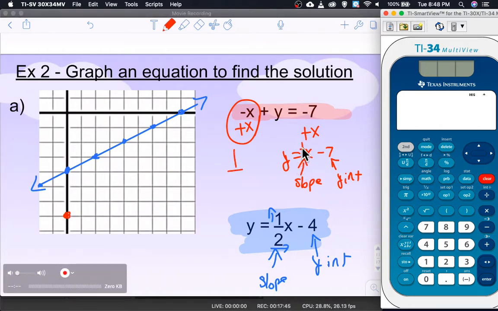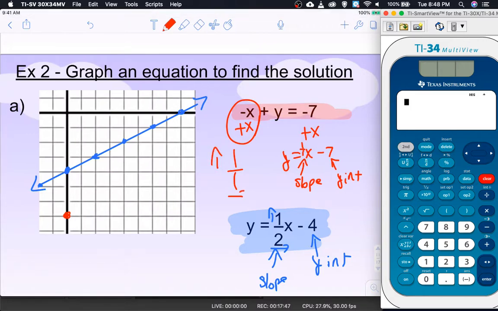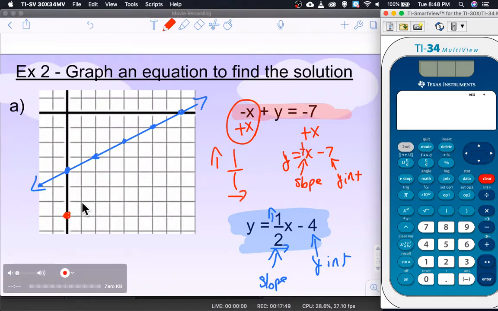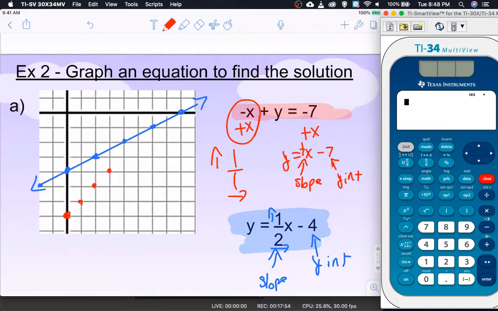That's 1/1, rise over run. I'm going to go up 1/1, dot. And repeat, up 1/1, up 1/1, and in reverse. So my line extends the whole way across the graph, and look at that.